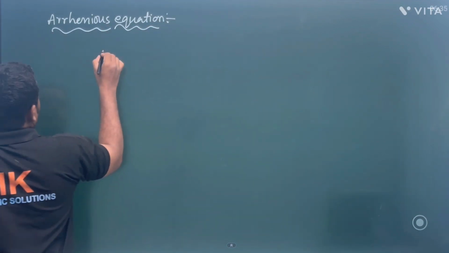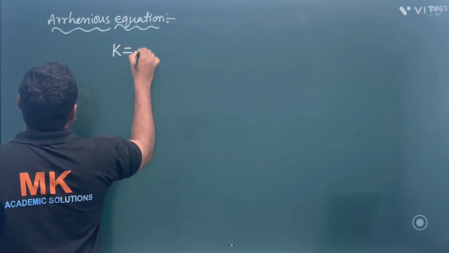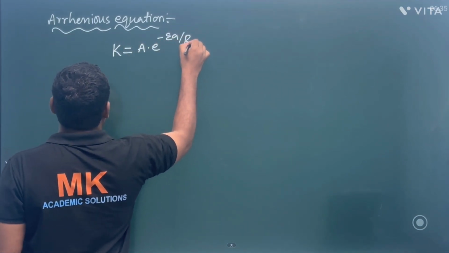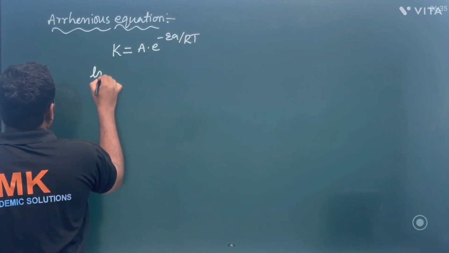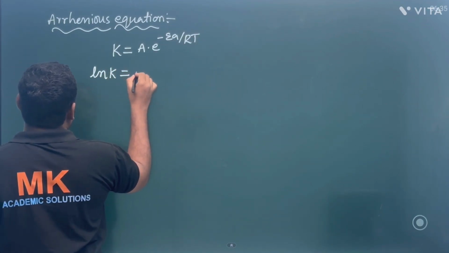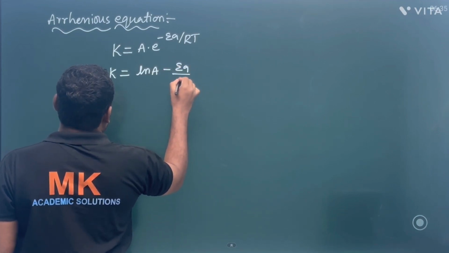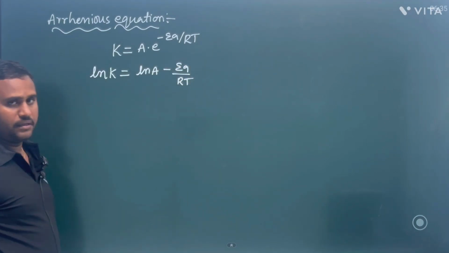Arrhenius equation: K is equal to A into e to the power of minus Ea by RT, or ln K is equal to ln A minus Ea by RT. Okay, this is the Arrhenius equation.